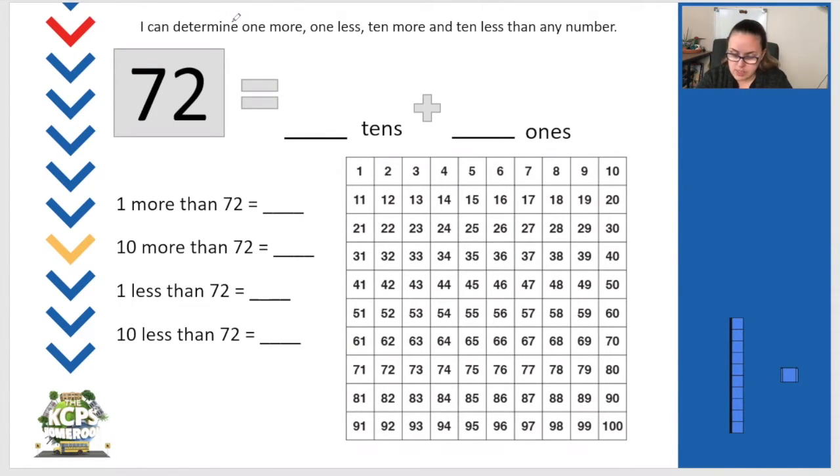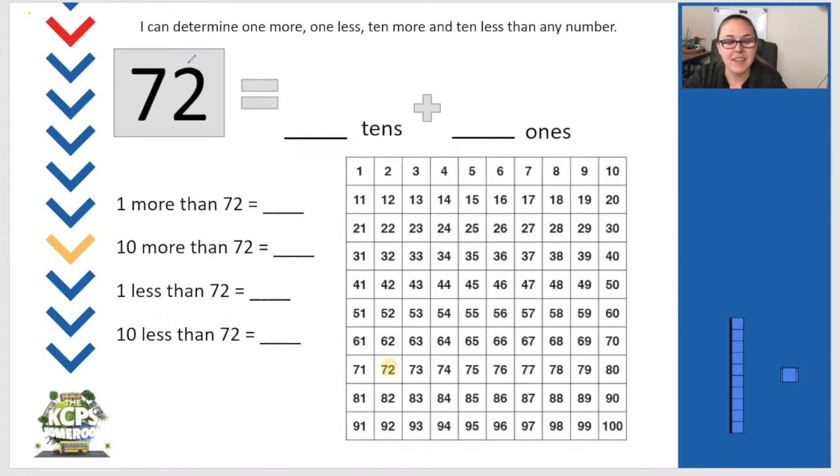And I'm looking down to where I see 70s, and then I'm going over 1, 2, and right there is number 72. Now, when we're calculating one more than, let's back up actually. Let's start back. Can you tell me how many tens and ones is in this number?